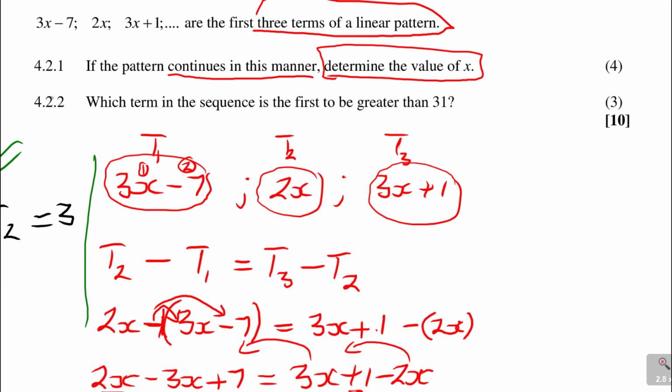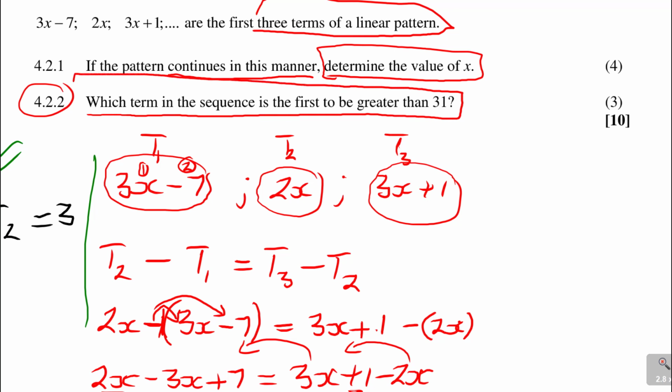Now the next one says 4.2.2. Which term in the sequence is the first to be greater than 31? Which term? So in a way, we are forced to do this here.